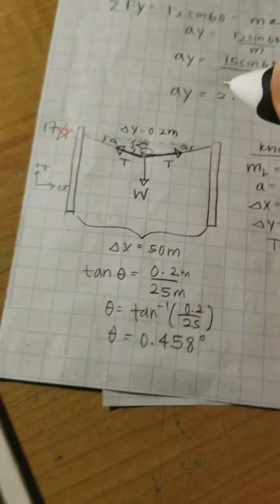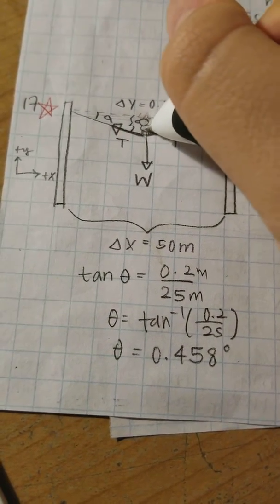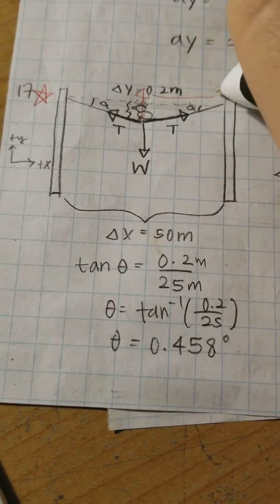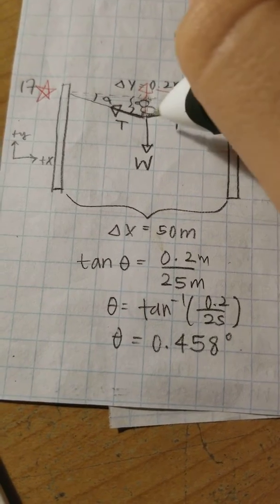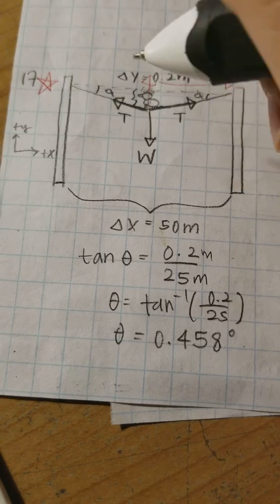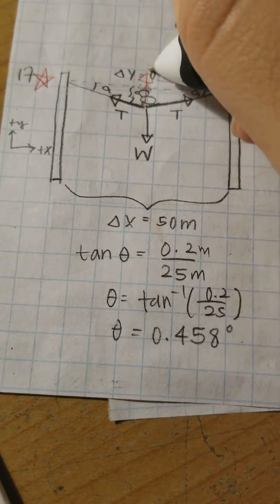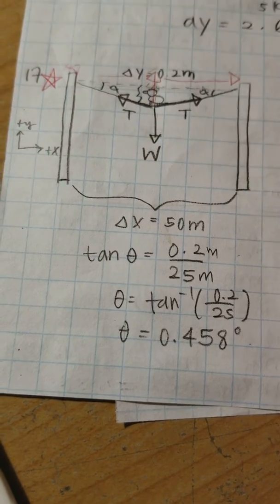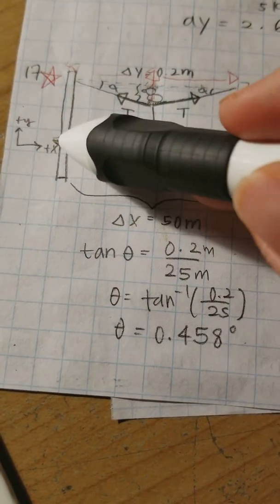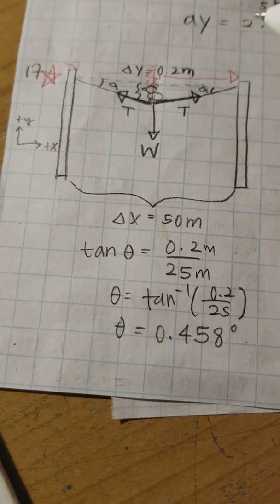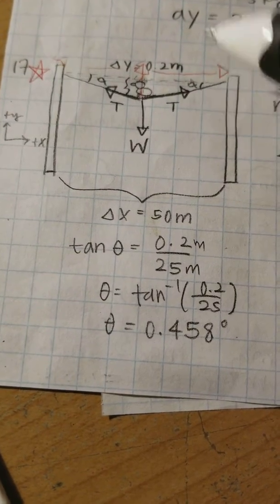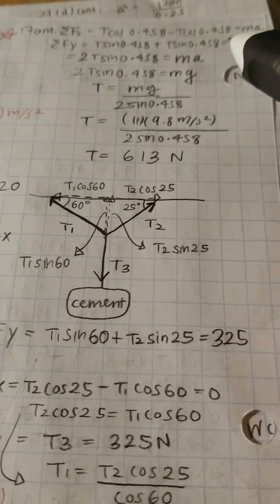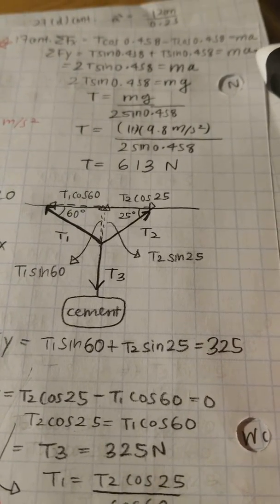You know that's true because there's a horizontal vector for this side, but on the other side where the tension is acting, the horizontal vector is pointing that way. So based on your positive axis coordinate system, they're going to be canceling out. So this is T cosine 0.458 minus T cosine 0.458 equals ma.